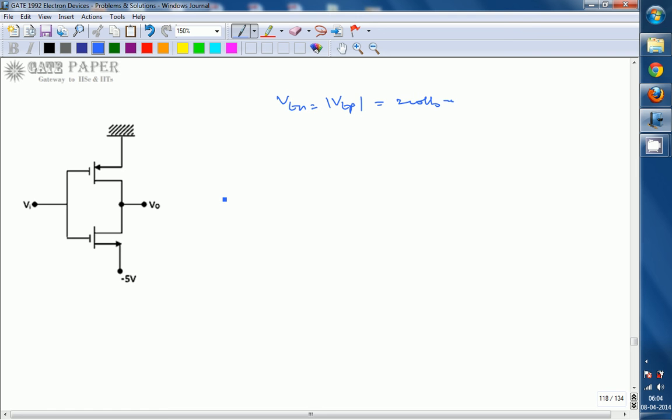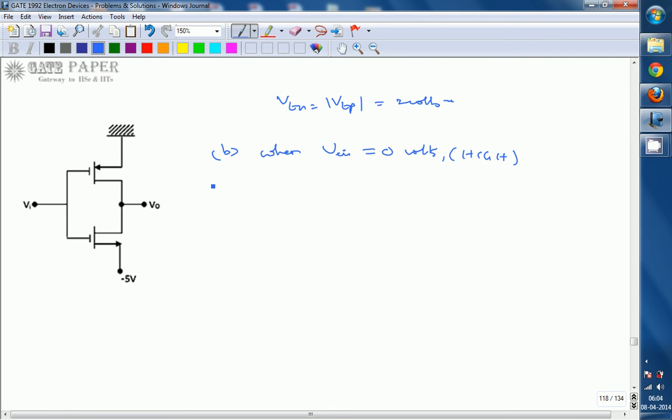This is the second case we are going with, when V input is 0 volts, that is logic high level.